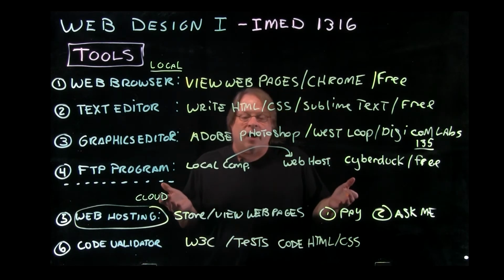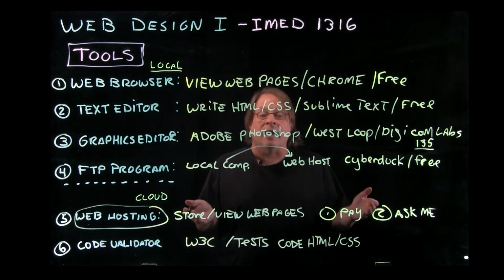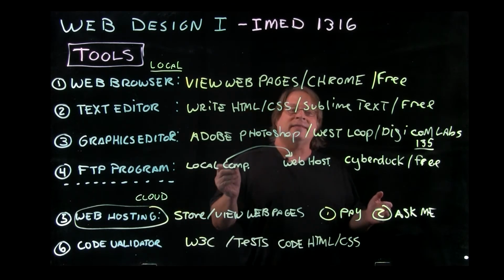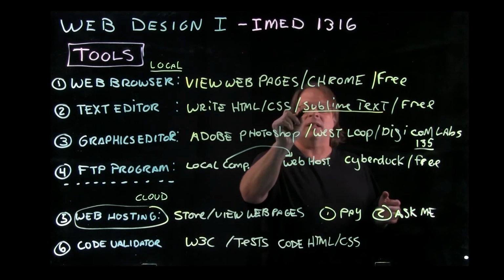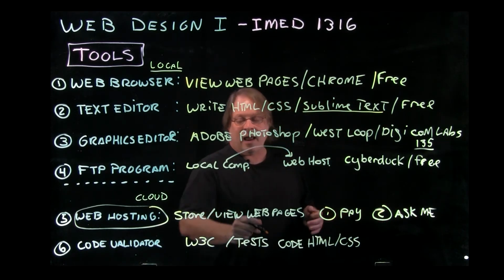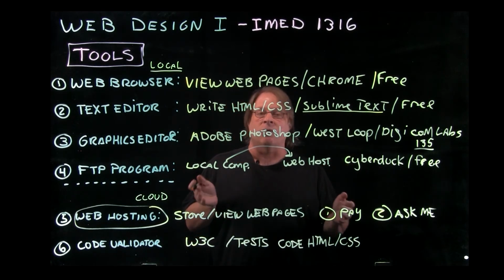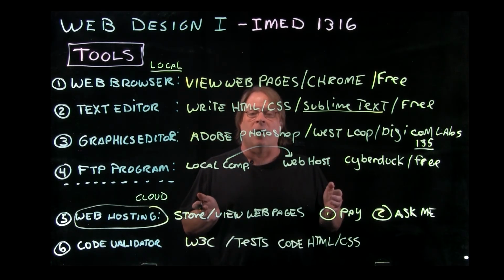It sees how well you can write the code, and it actually will tell you line numbers where your errors are. And what's cool about that is your text editor, Sublime Text, actually has line numbers in it. So if you detect errors in your validation, you can go back to your text editor and find exactly which line your code is messed up on.